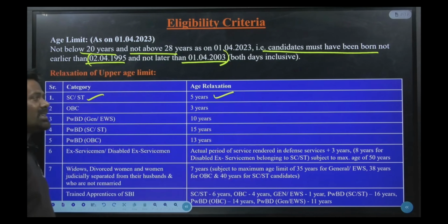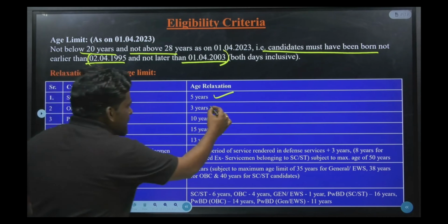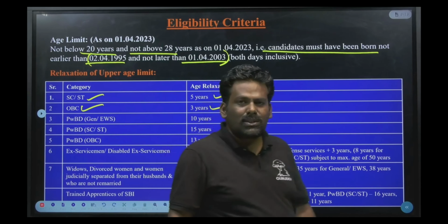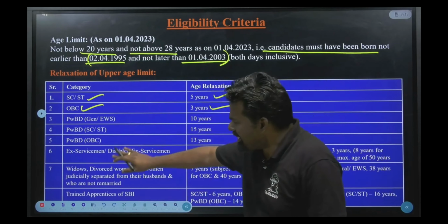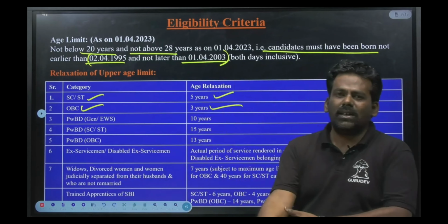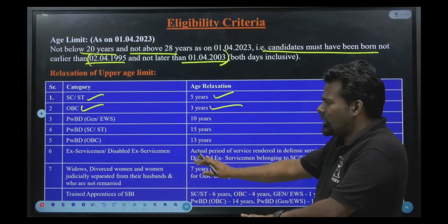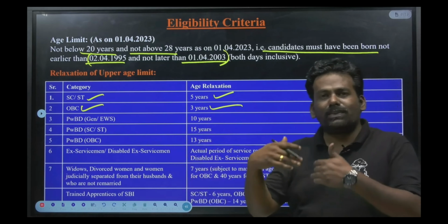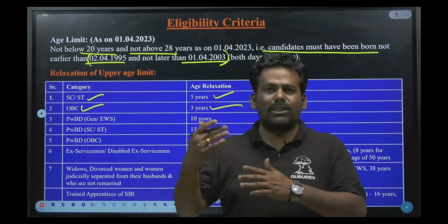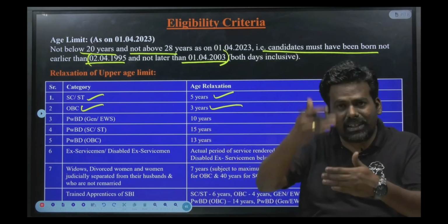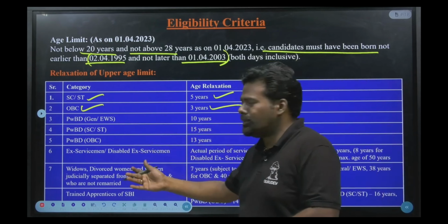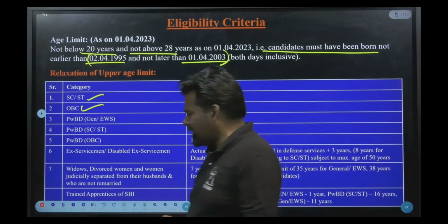There is an age relaxation of 5 years. If you belong to OBC category, the relaxation given is 3 years. So this particular thing is taken out of the notification. You can pause the video and note it down. Otherwise, you can get the notification from the SBI website and read it completely, and for whichever category you are eligible, you can apply for that particular category, correct?